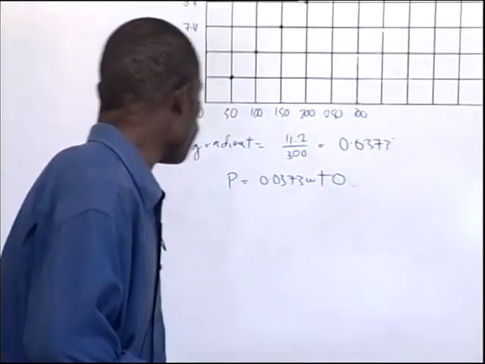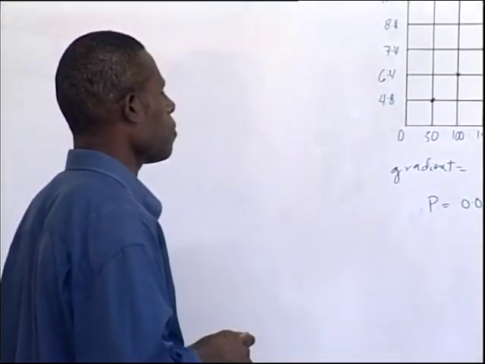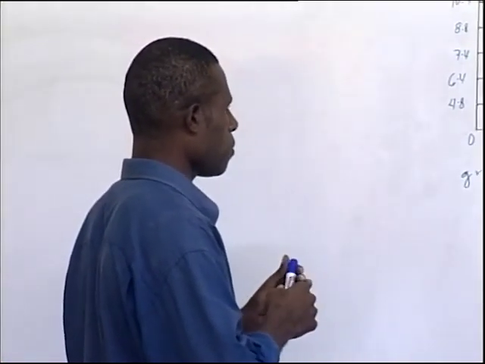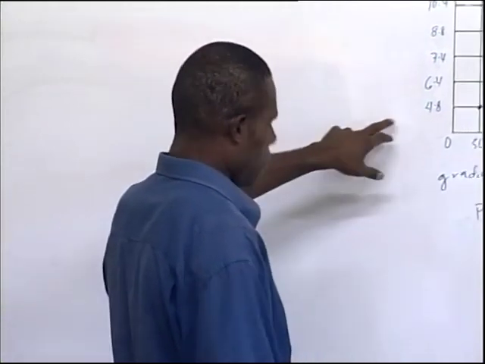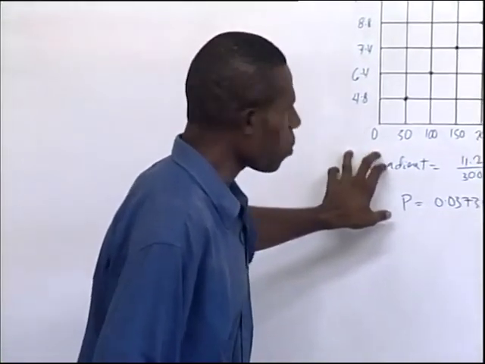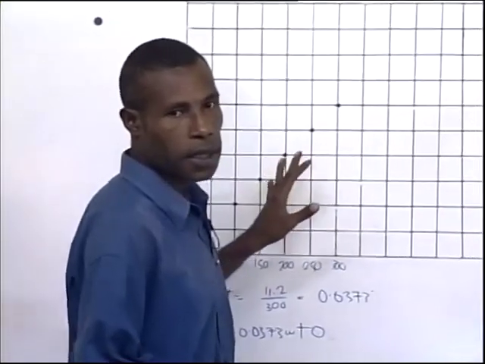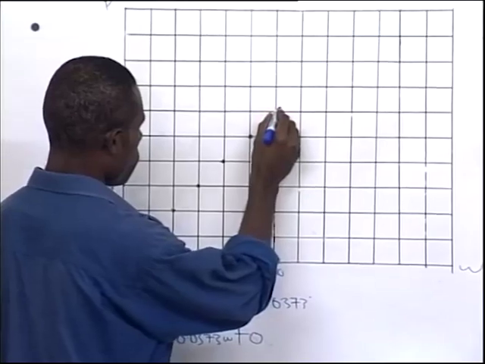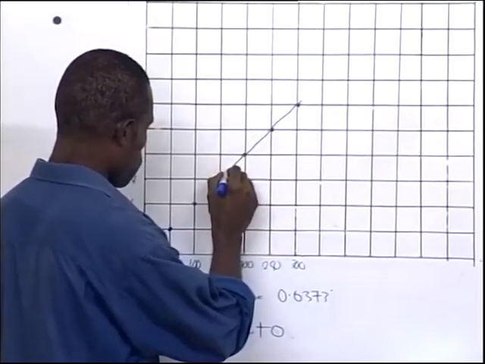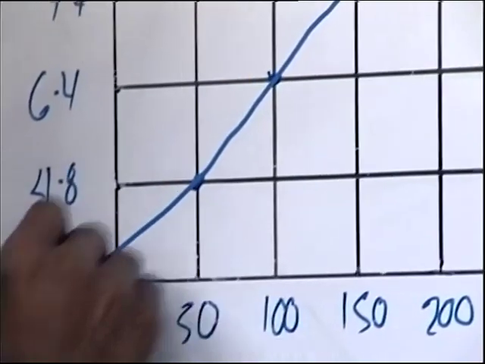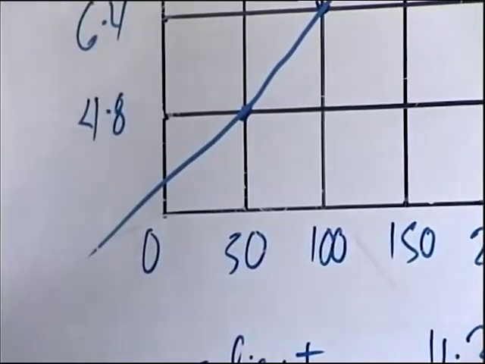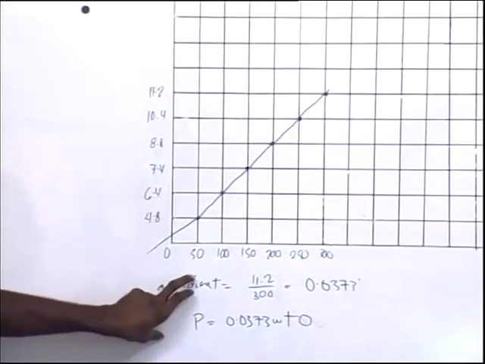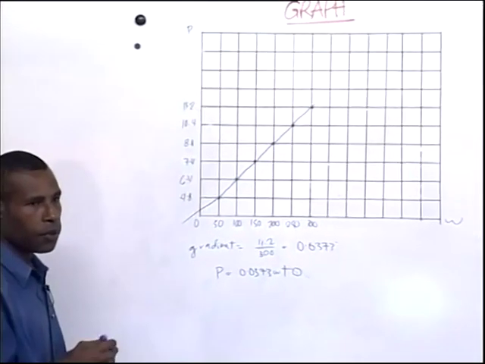Using this graph, we can now draw a line, let's say a line of best fit. Using that line, after plotting these 2 points, we can come up with the gradient or the slope.